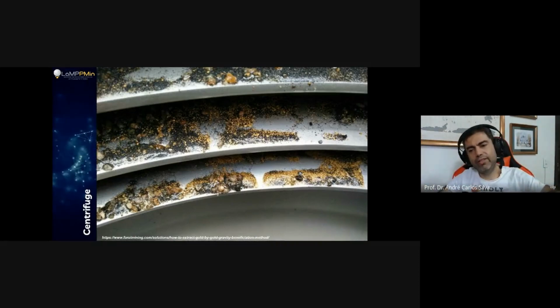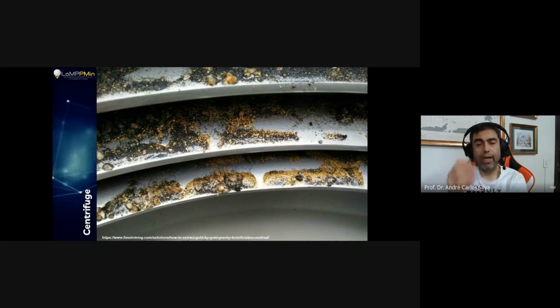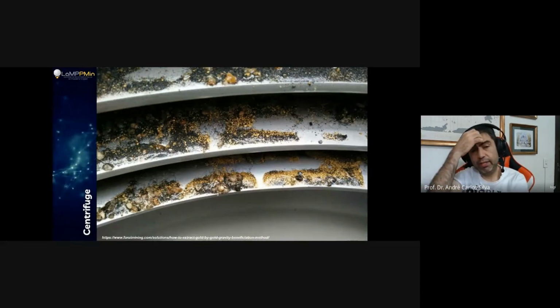The mill is almost covered in gold, okay? And this actually happens. Even if you're working with something like 1 gram per ton or 0.8 gram per ton, after 1 year, 6 months, you have a very, very rich mill, okay? And that's not something that you want to have, okay?